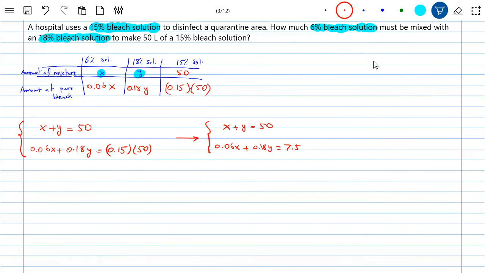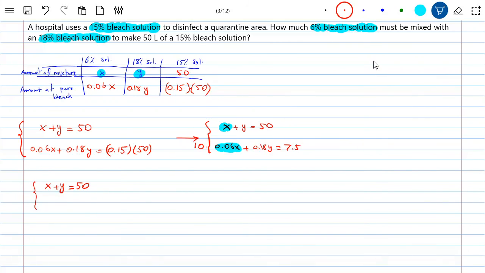I'm solving the system of equations, and I want to make the coefficients the same. One has coefficient 1. First, actually, I don't want to deal with decimals, so I can multiply by 10 to make these numbers a bit better. Here I will multiply the second equation by 10, instead of having such small decimal values. I just want to show you that you can rescale it and it doesn't change the equation.